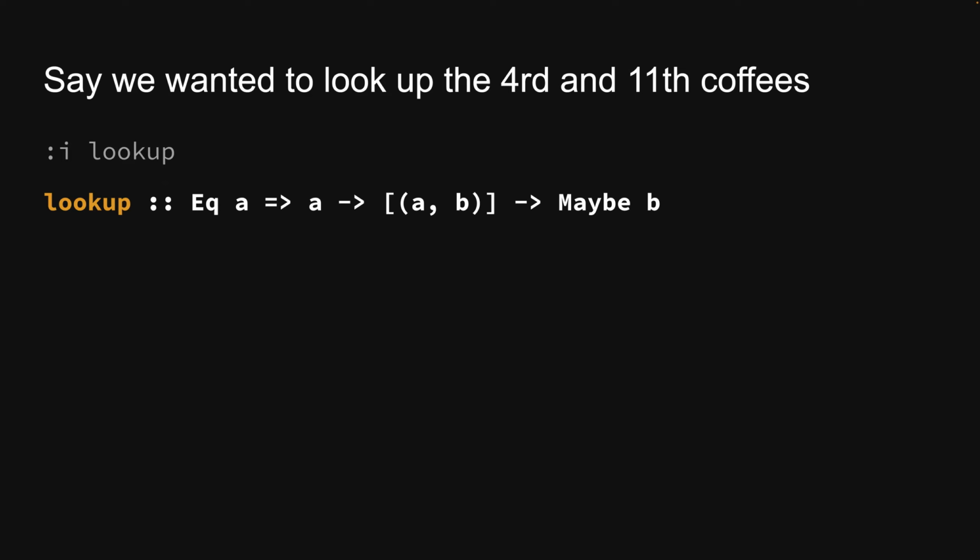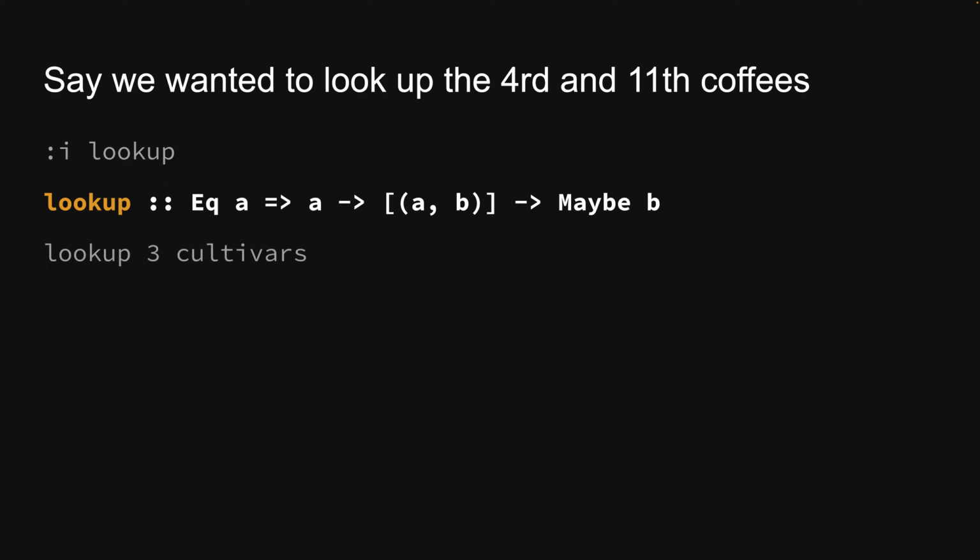It's the Nothing. And if we got a value for A, then that would be the Maybe B. So what is Maybe B? It's just B if it exists, or Nothing if it doesn't exist, right?